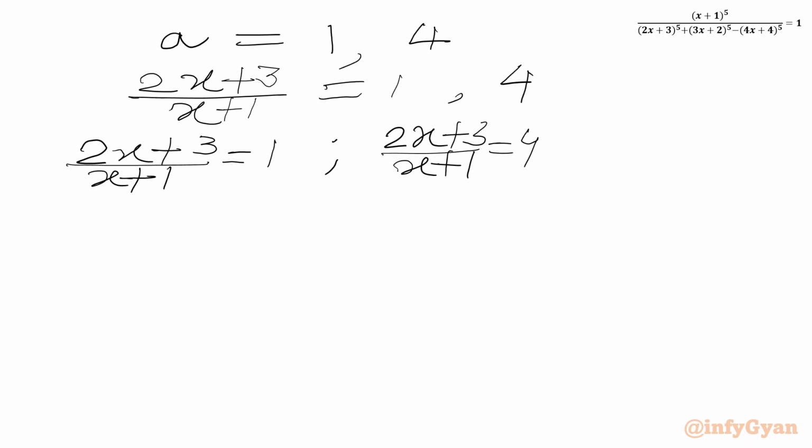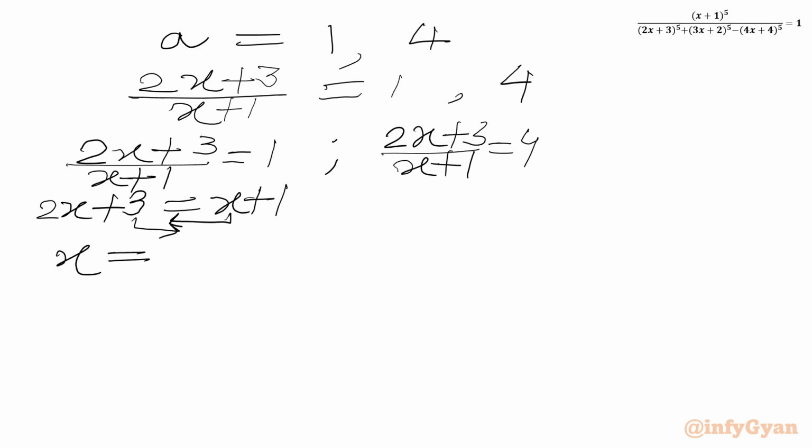From our first equation, I can write 2x plus 3 equal to x plus 1 once we cross multiply. Now I will take x to the LHS, 3 to the RHS. We will get 2x minus x, which is x, and 1 minus 3 in the RHS will be minus 2. So our first real solution is minus 2.